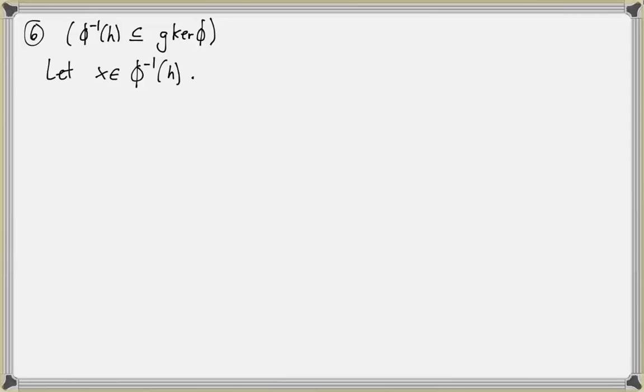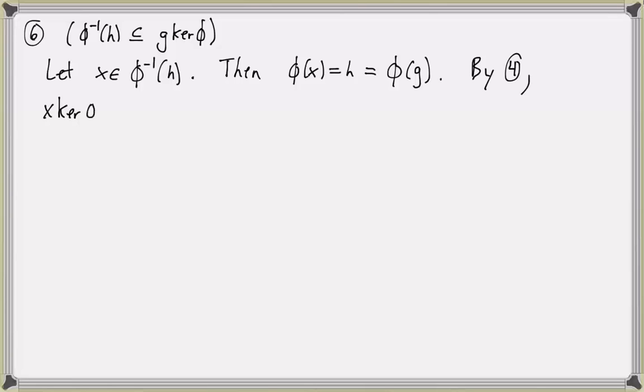So let X be in the preimage of H. Then that means that phi of X equals H, and we're assuming that phi of G was also equal to H. So we see that phi of X equals phi of G, and then by property 4, we can conclude that X kernel phi equals G kernel phi.